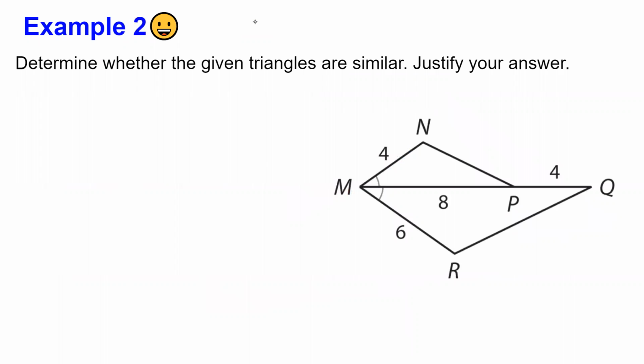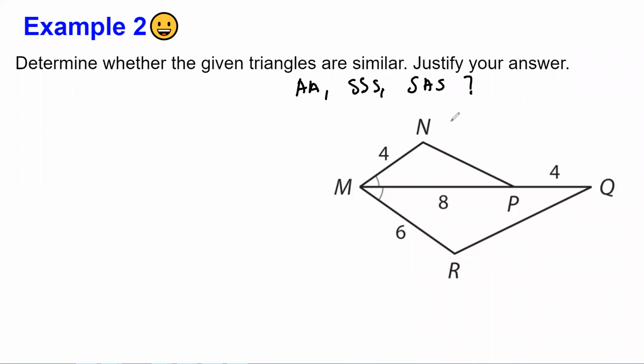Okay. All right. So example number 2, determine whether the given triangles are similar. Justify your answer. We're going to go ahead and use either of the 3. Remember that we have angle, side, side, side, and side, angle, side. Which one are we going to use?